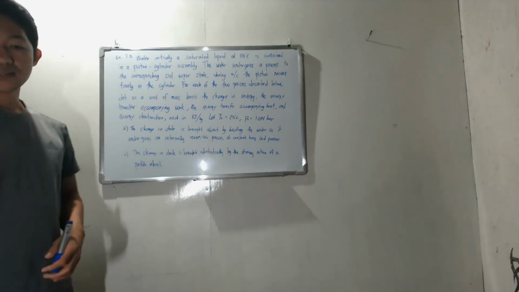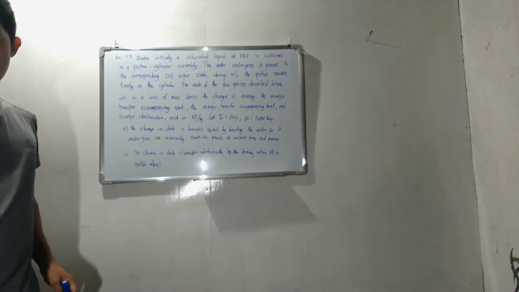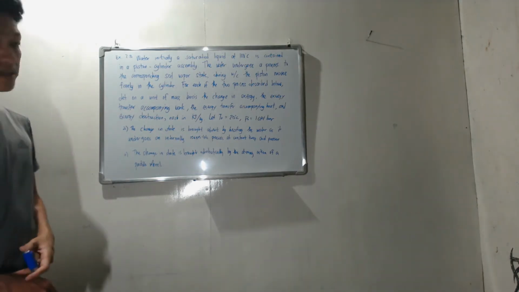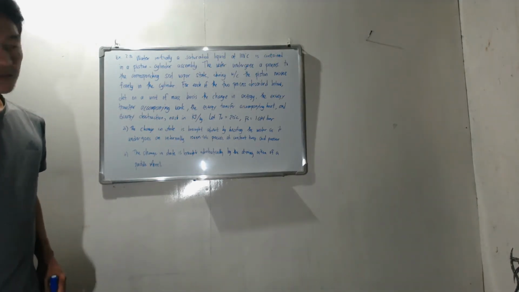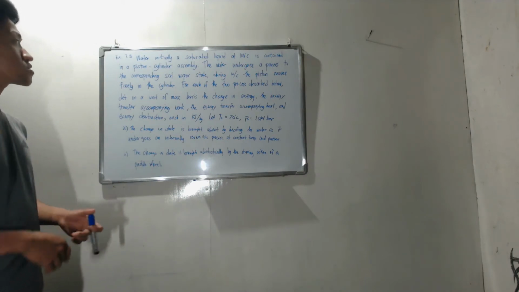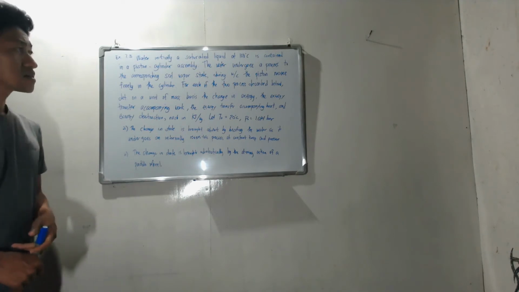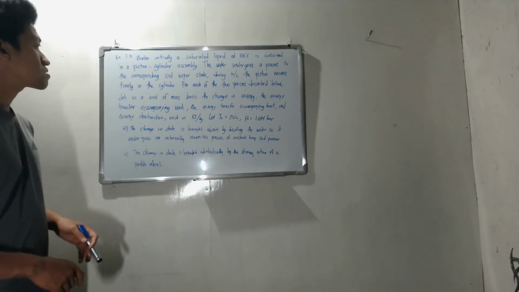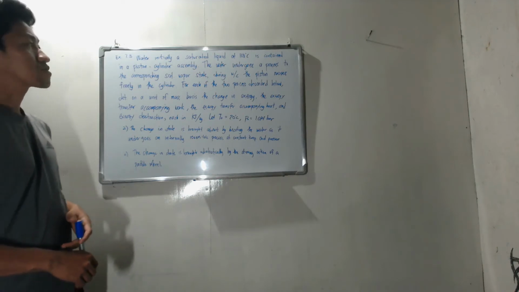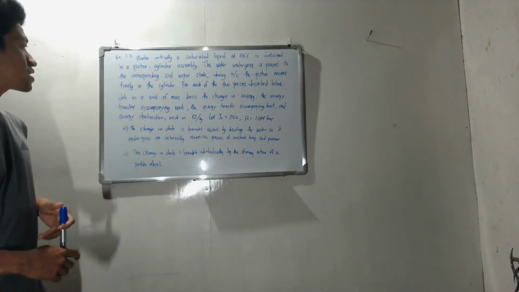Okay, let's take an example, taken from Example 7.3. Water, initially a saturated liquid at 100 degrees Celsius, is contained in a piston-cylinder assembly. The water undergoes a process to the corresponding saturated vapor state, during which the piston moves freely in the cylinder.